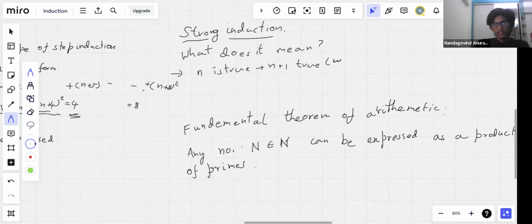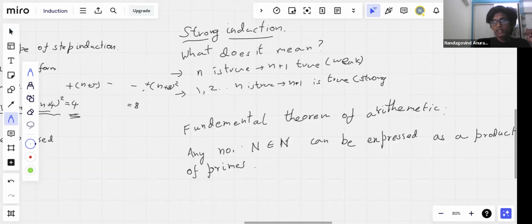This is weak. What strong induction states is that 1, 2, until n is true implies n plus 1 is true. This is strong.